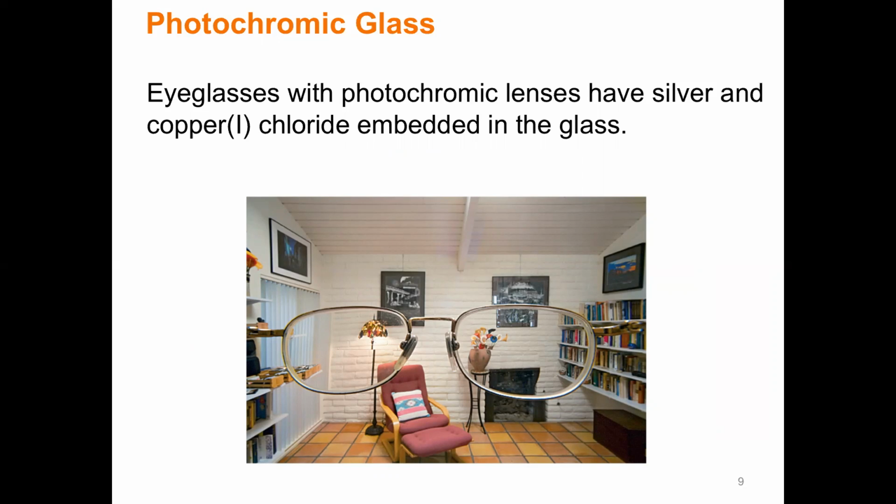And that darkened color is actually silver solid. And when you're not in the sun, that silver solid goes back to silver ion, and it's not gray anymore. So how it works is that you have the silver, and you also have copper in there.